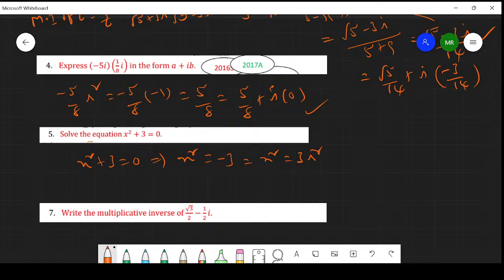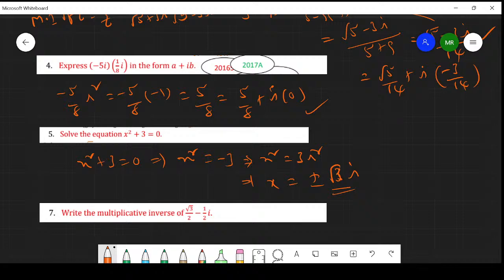Because minus 1 means i square, you can write 3i square. So from this I can write, this implies x is equal to plus or minus root 3i. It comes. This will be your answer. x equal to plus or minus root 3i. So this is the required answer. x equal to plus or minus root 3i. It will be your answer.